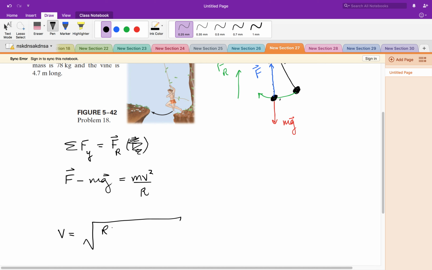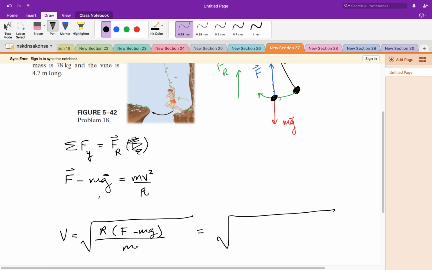Sorry, let me do that again. v is the square root, we'll keep the r out there, it's a little neater, of r times F minus mg, all over m. This is probably the fastest way of doing this. So let's see what we got.